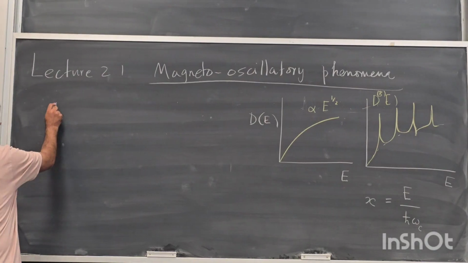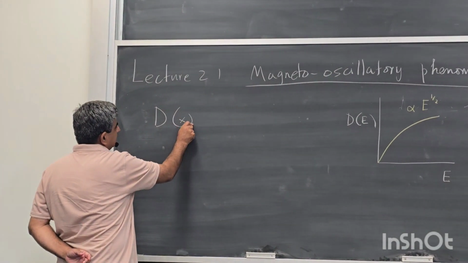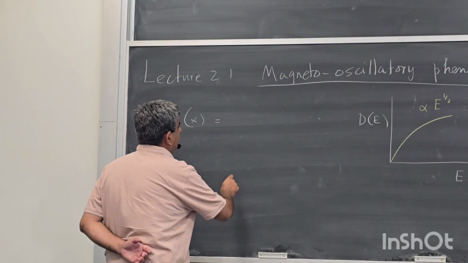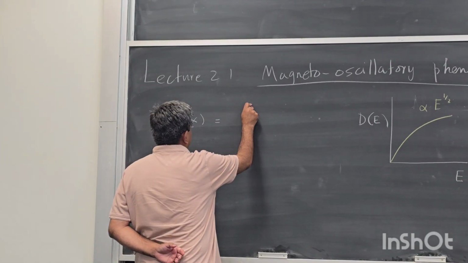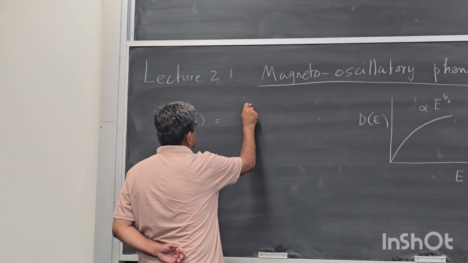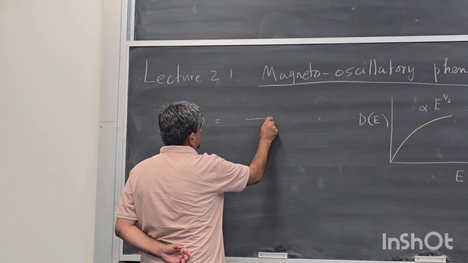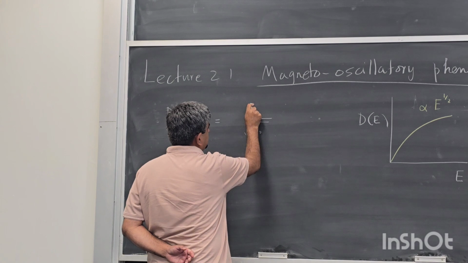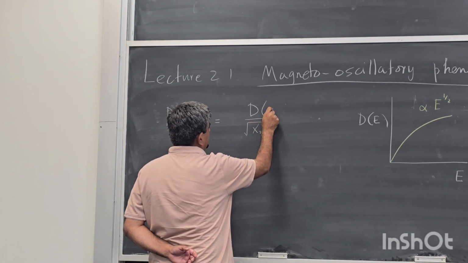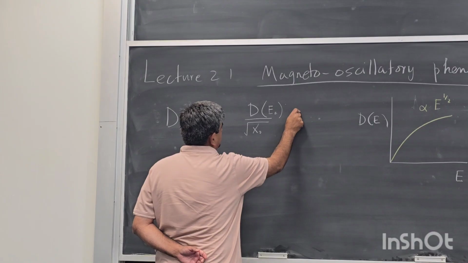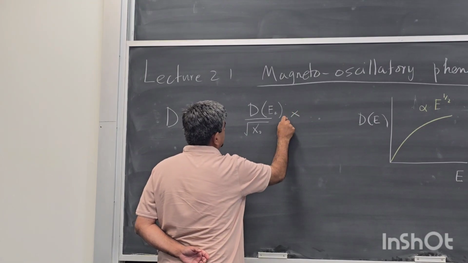So the density of states in the absence of a magnetic field is given by this expression, over x naught, so D at EF and x.